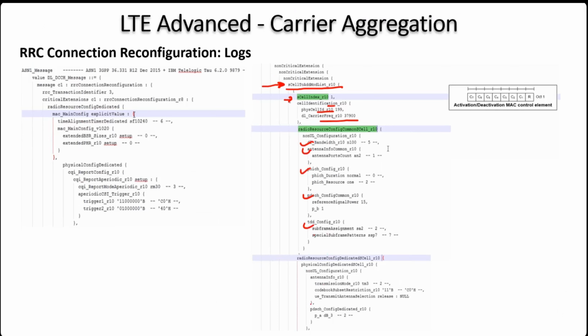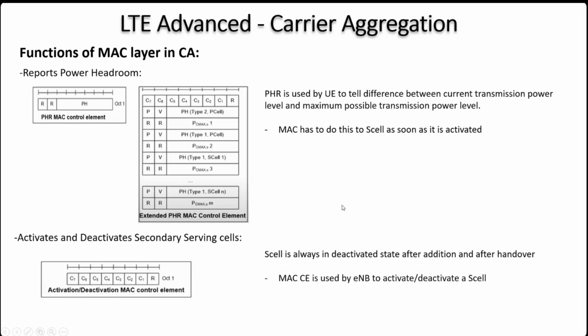All the things it is telling about that particular cell which is going to be added as the SCell. Clear, everyone? That is what RRC reconfiguration will have. Yes. Okay. And you know the MAC layer will have the PHR, PSR, we have understood about that, but the MAC control element and how exactly.